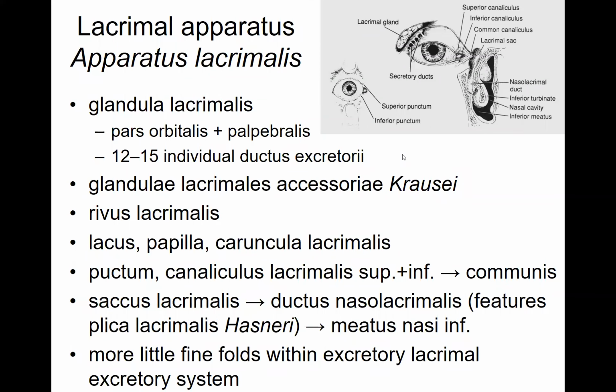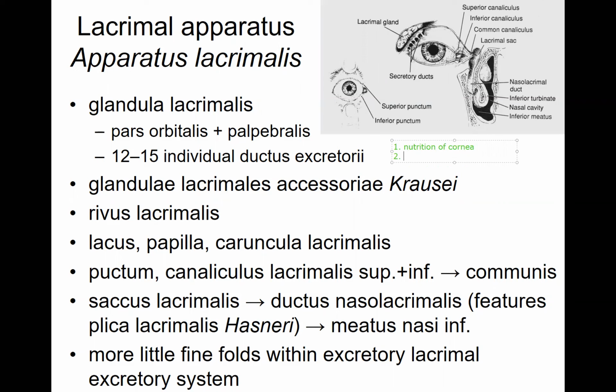Lacrimal apparatus. Lacrimal apparatus produces tears, and tears are important firstly for feeding the cornea, and secondly for cleaning the area. So we can make the functions here. First it's nutrition of the cornea, of course, together with the capillaries from sclera and conjunctiva and with humor aquosus.